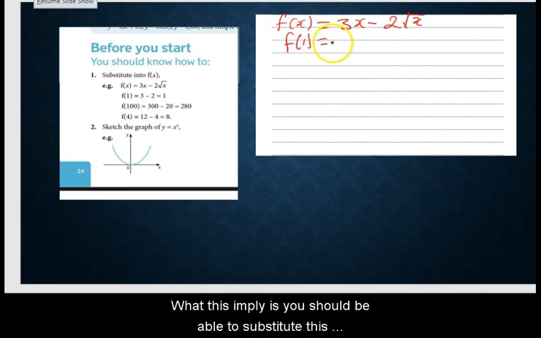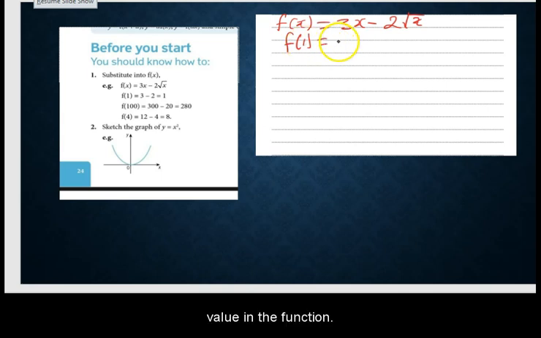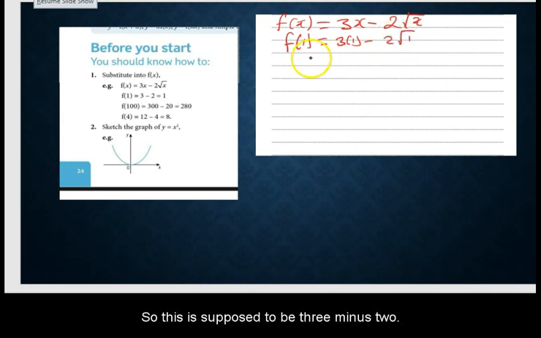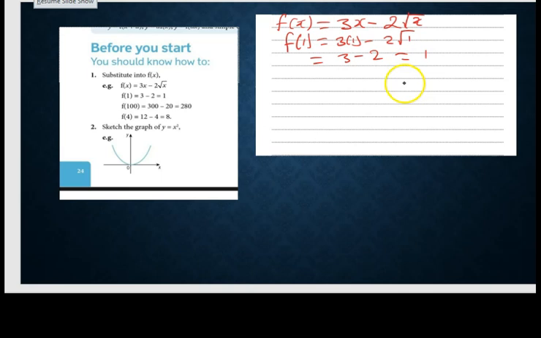what this implies is you should be able to substitute this value in the function. So it is 3 times 1 minus 2 root 1. So this is supposed to be 3 minus 2 because 2 root 1 is 2. Right, so this is equal to 1.